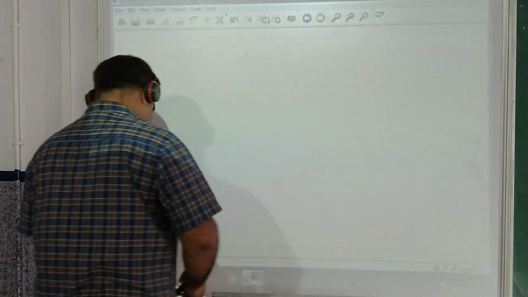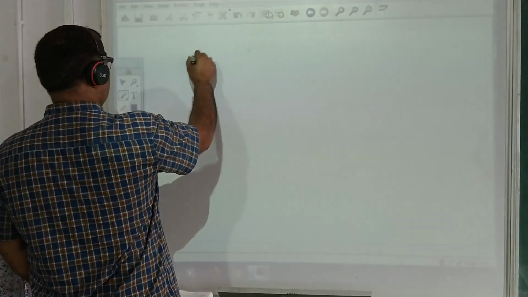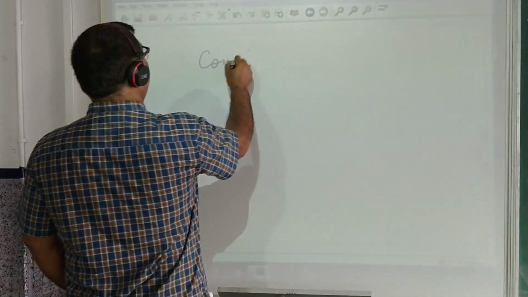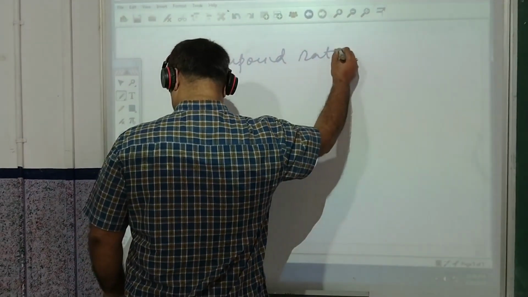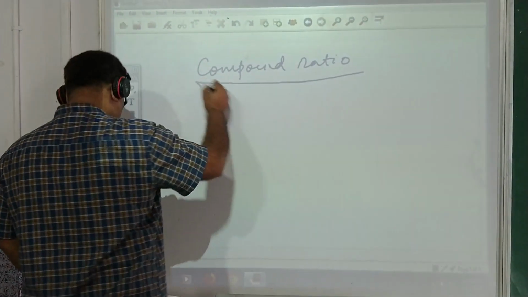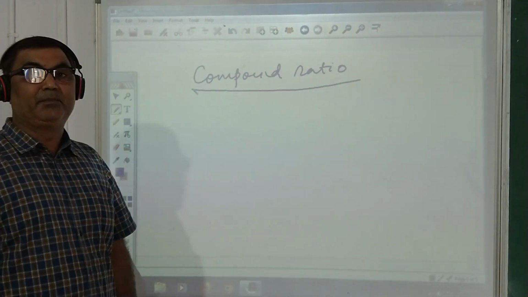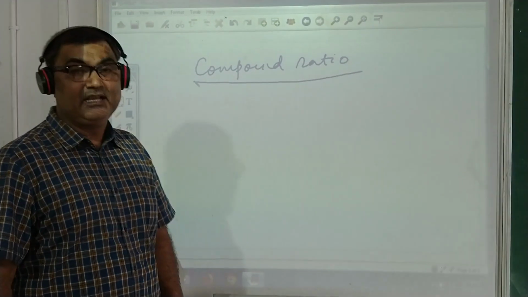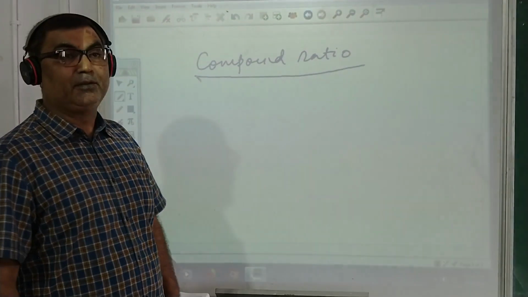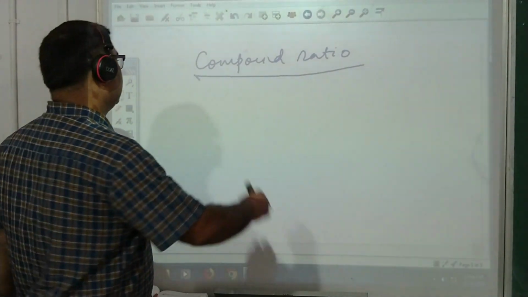Next, some common terms. First is the compound ratio. For two or more ratios, it is the ratio of the product of the antecedents, the first terms, to the product of the consequents, the second terms.